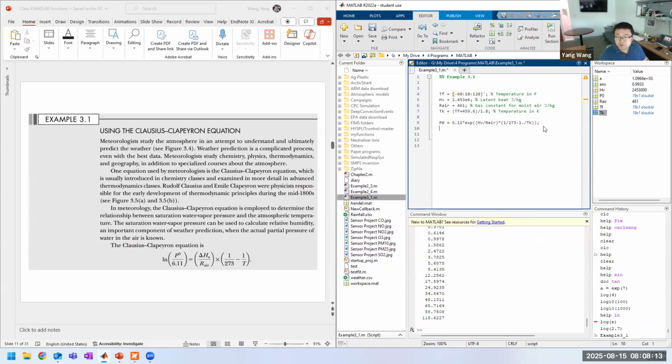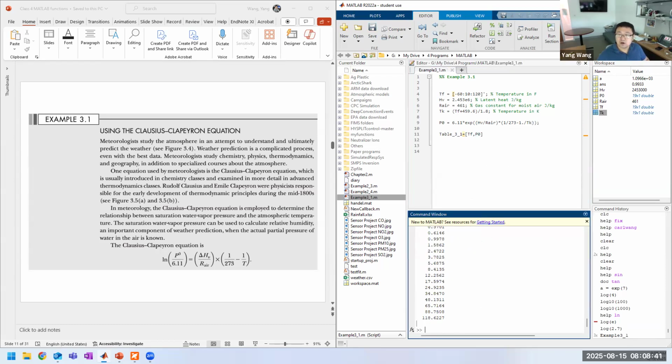Since this problem wants a table, you can just name it table 3.1, which is just PF and P0. Okay, pay attention to the semicolon here. The semicolon that we add is just to hide the output, right? If you don't have that, then it's going to show you all the output.